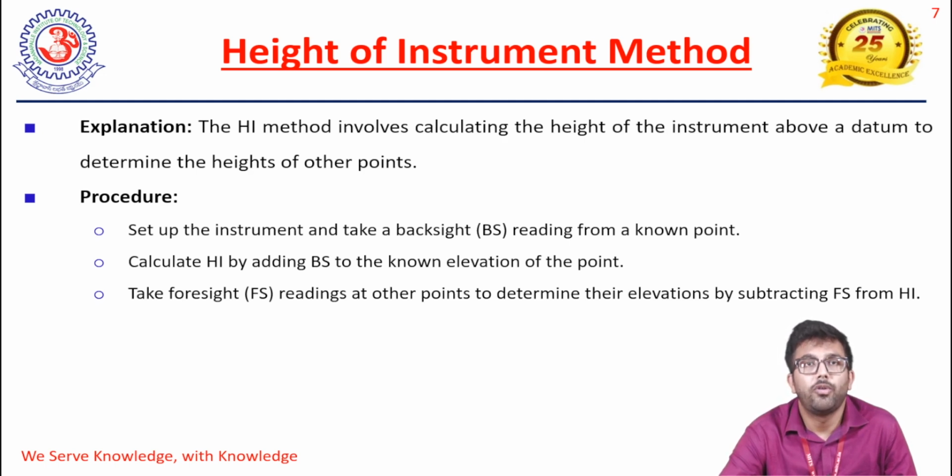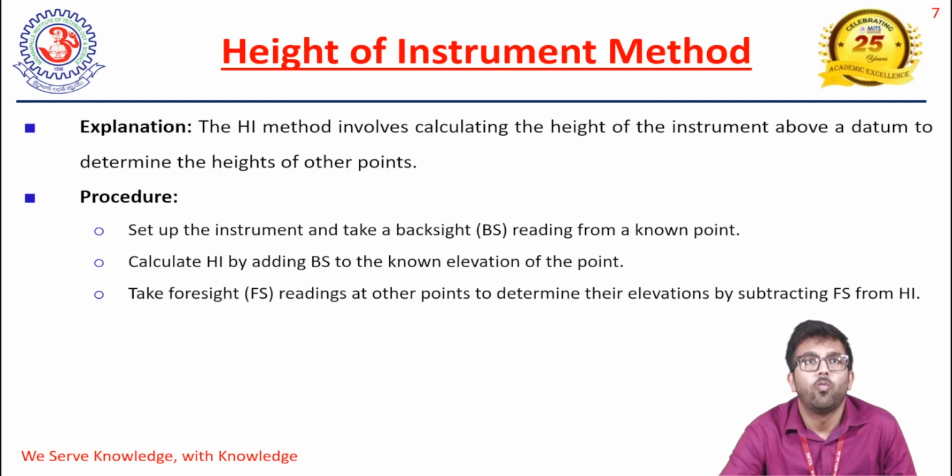Backside readings are basically the reading taken through the optical level at the point where the leveling staff has been kept. If a series of readings are going to be taken, the first reading that we take by setting up an instrument is the backside.